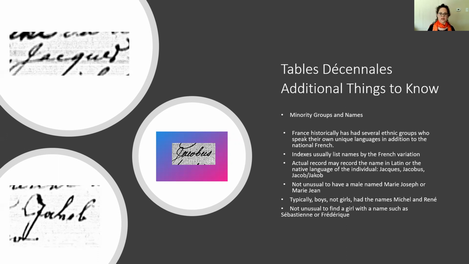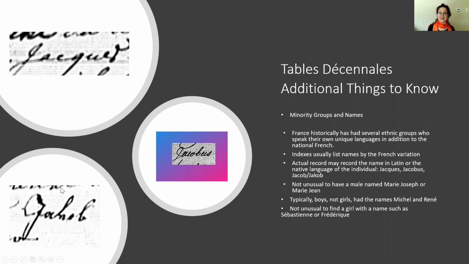For example, let's look at an Alsatian variation. The name would be Jacob in German, but in French, it's Jacques. So in the table, you are likely to find the person recorded as Jacques, but then when you go and find the actual record, he might be recorded under his given name, what his parents actually called him, Jacob.